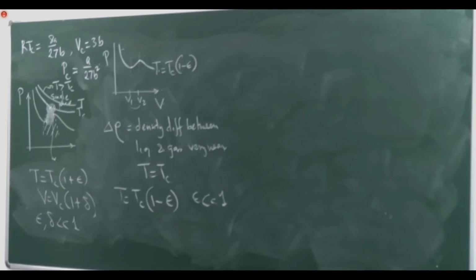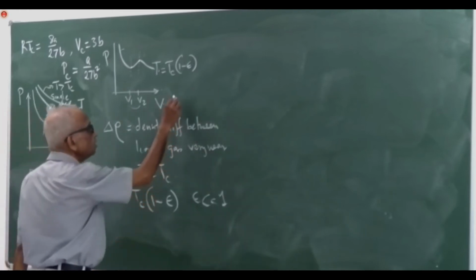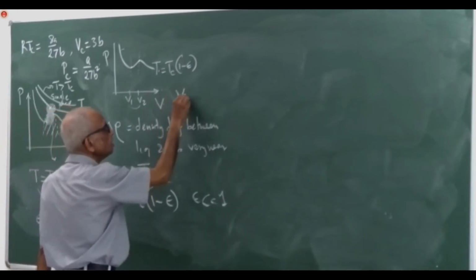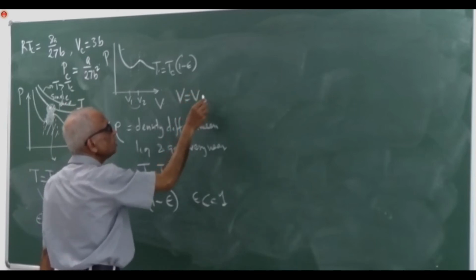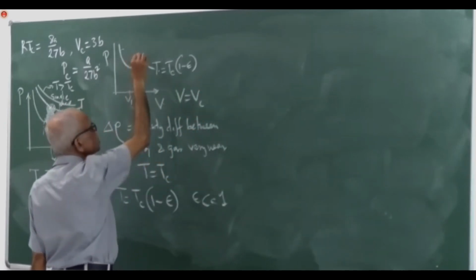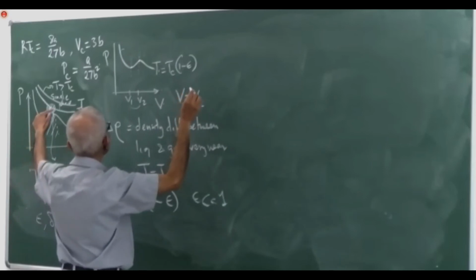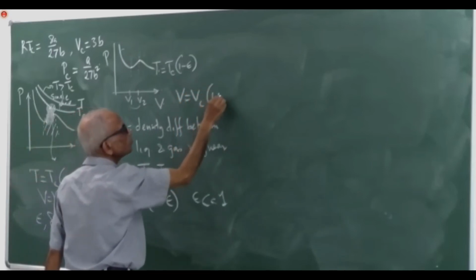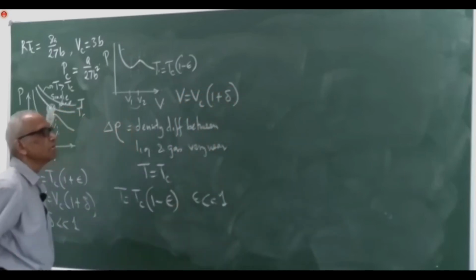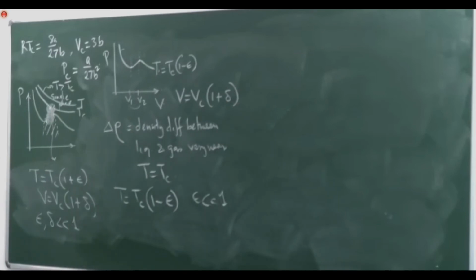Your temperature is slightly below, and the V1 and the V2 would be obtained by writing V equal to Vc, which is the critical point, this point Vc, times 1, let's say, plus delta. And delta again is very small.